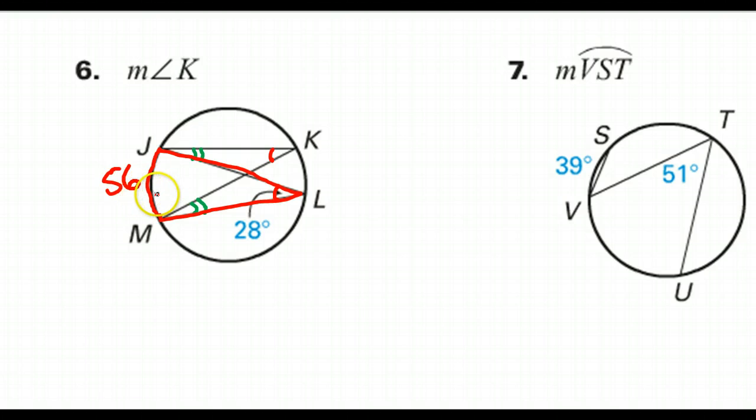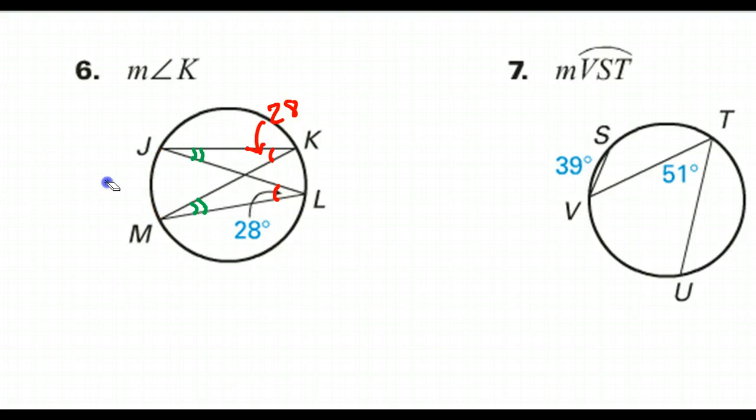But if this arc is 56, then you take half of that, and that's going to give you angle K, which is going to be 28 again. So that's sort of the long way. Once you see it once, double it, you get the arc, half it, you get the angle, you can skip a step and just know that these angles will be the same.